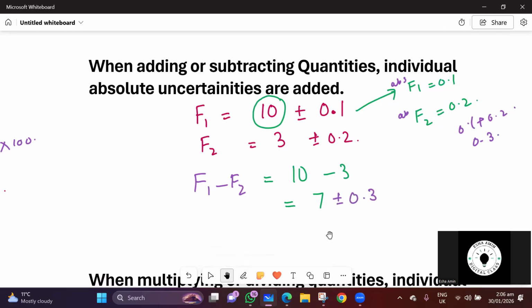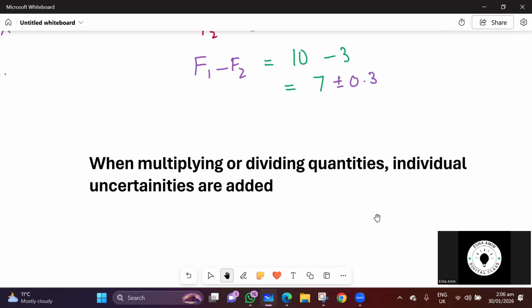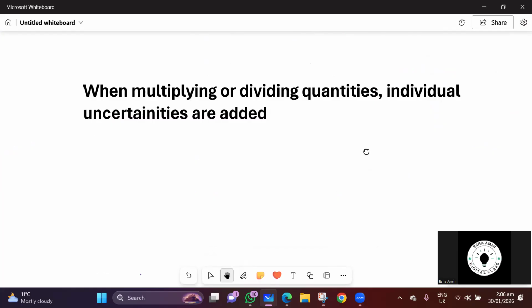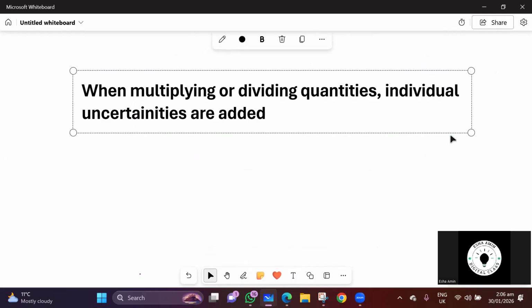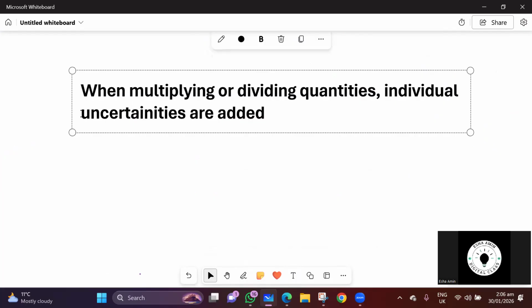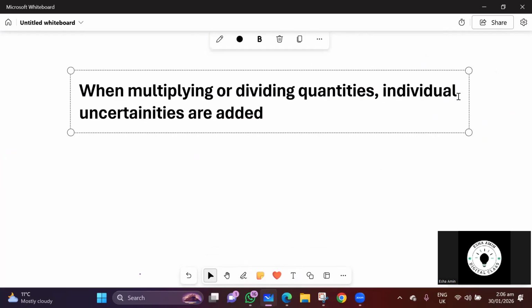But if we are multiplying two quantities, or dividing two quantities, we add their individual percentage uncertainties.